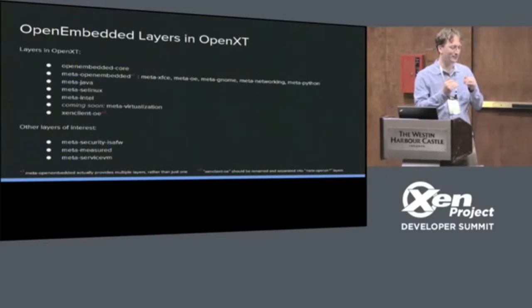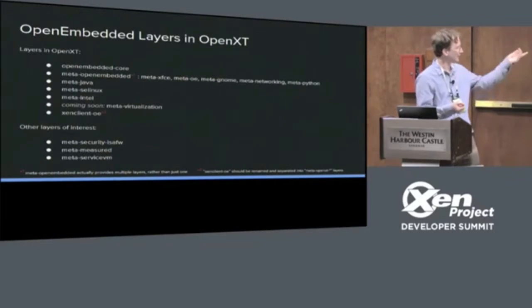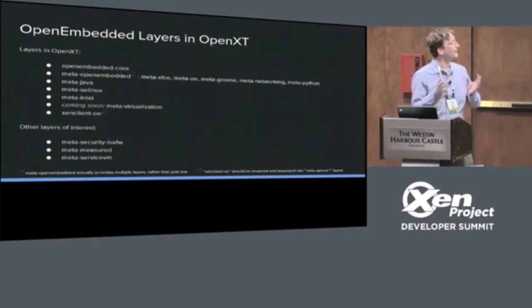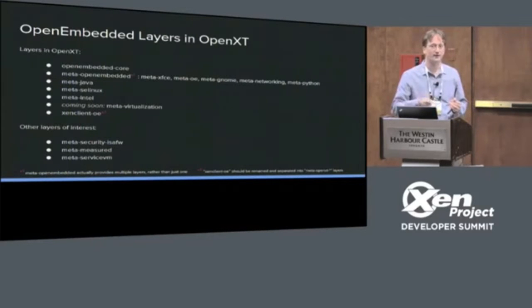If you're choosing to use the OpenEmbedded standard tools and you want to use Xen, meta virtualization is the first layer that you would start at, and we're aiming to build our OpenXT layer in beneath that, so that the work that we do on Xen can benefit other people who are interested in using Xen by putting that in the meta virtualization layer. So the work for OpenXT to get to that point is to uprev our supported version of Xen. That's in progress at the moment.